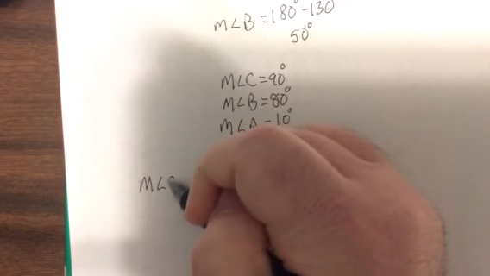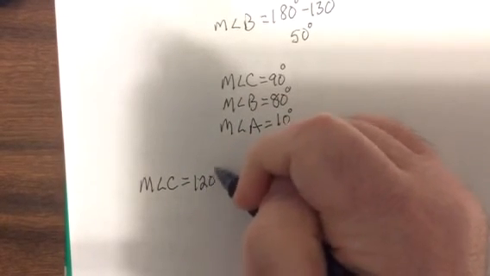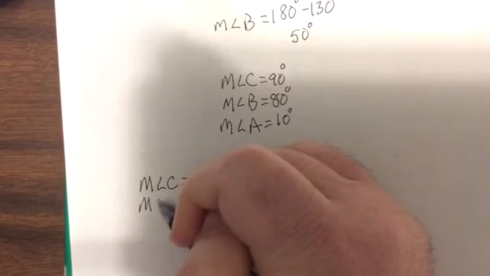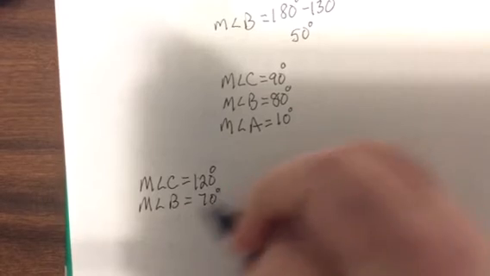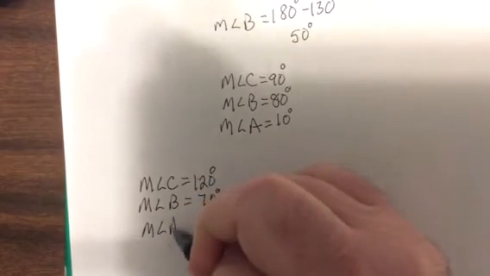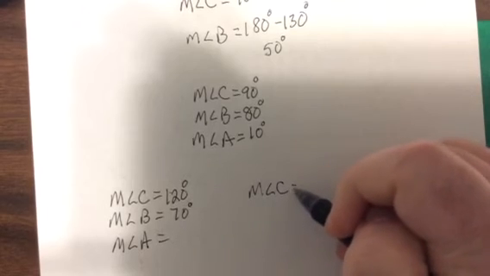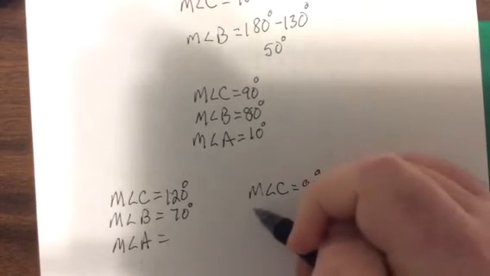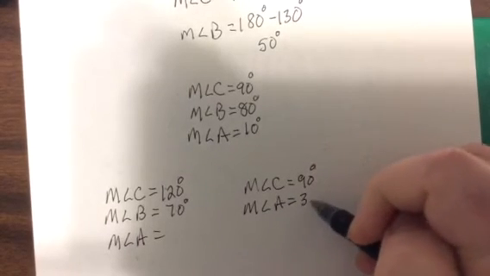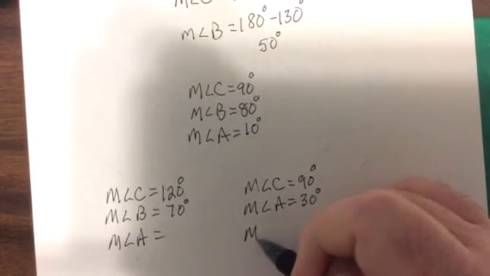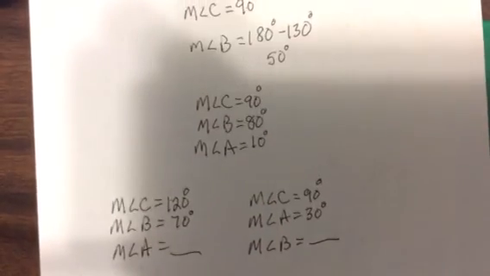Let's say the measure of angle C is 120. Let's say the measure of angle B is 70. What's the measure of angle A? And let's say the measure of angle C is 90. The measure of angle A is 30. What's the measure of angle B? Do those two for me, please.